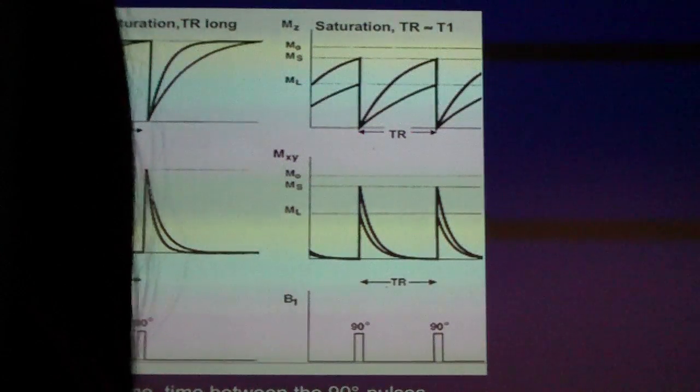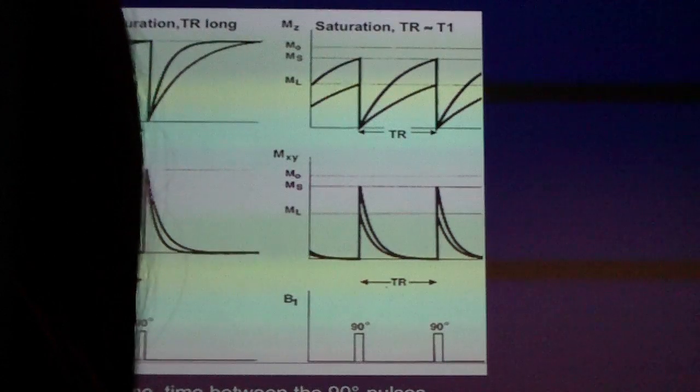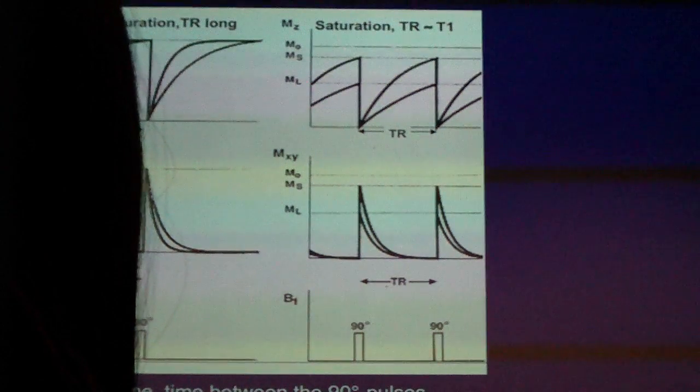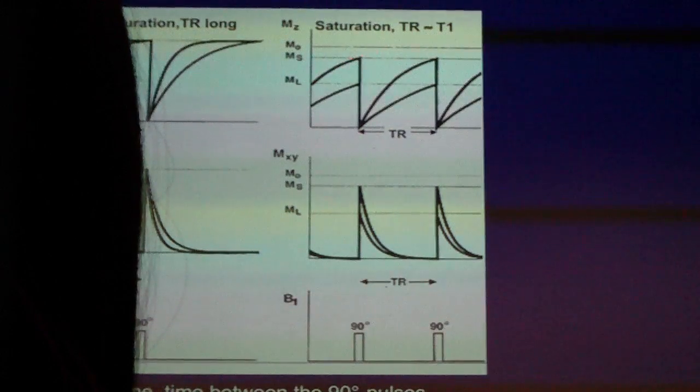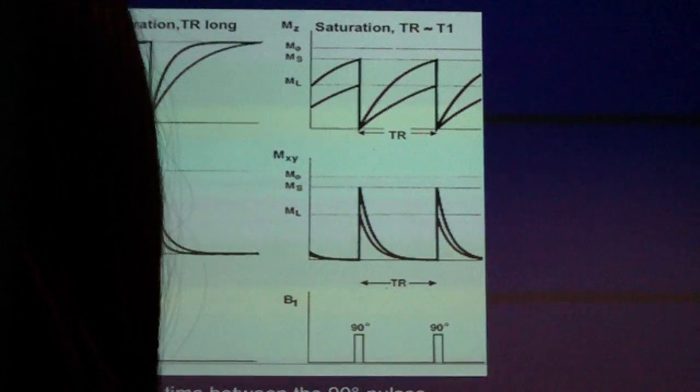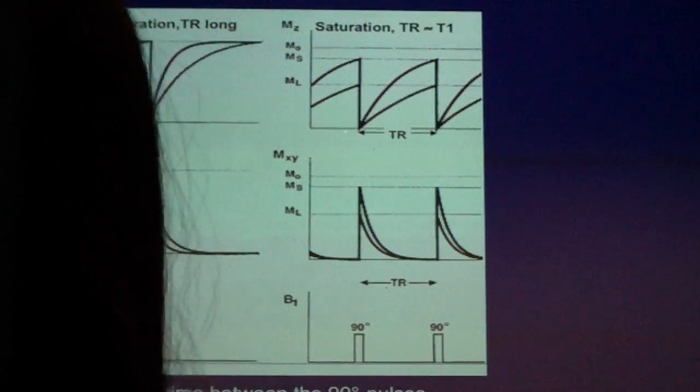Now we can also do this differently. You can say, okay, I don't wait for such a long time. I will wait only a short time. And what you see there is that one metabolite is already relaxed completely, but the other one is not. And then you will give your next excitation.